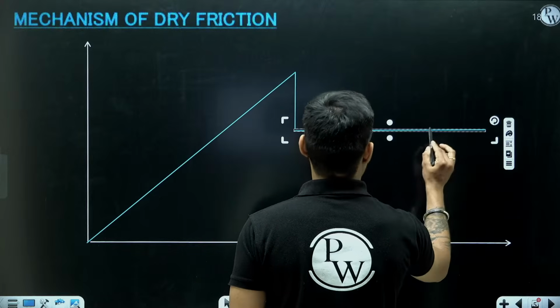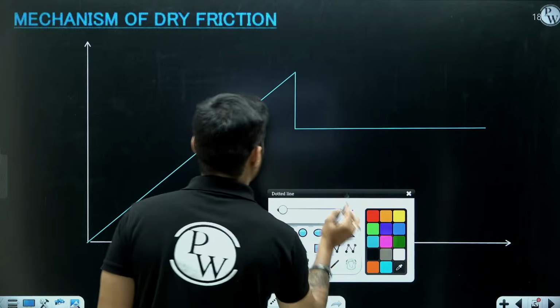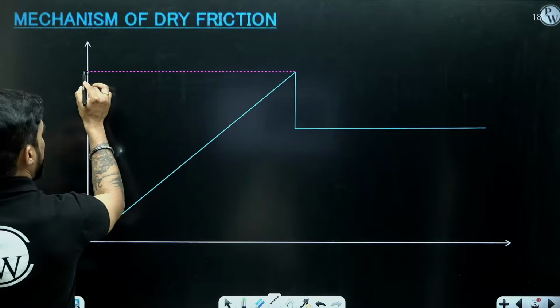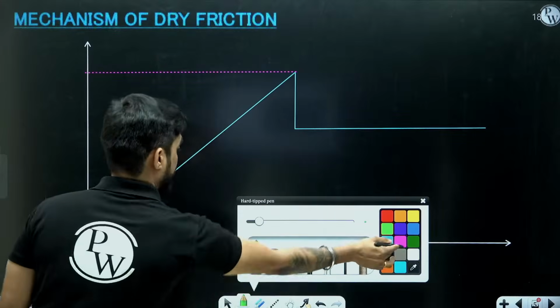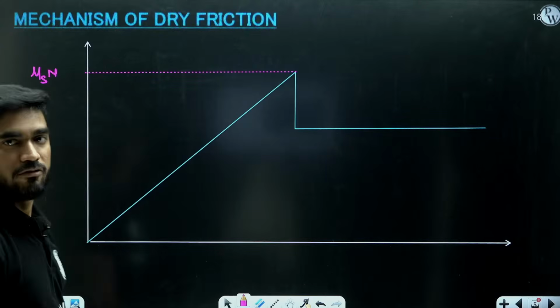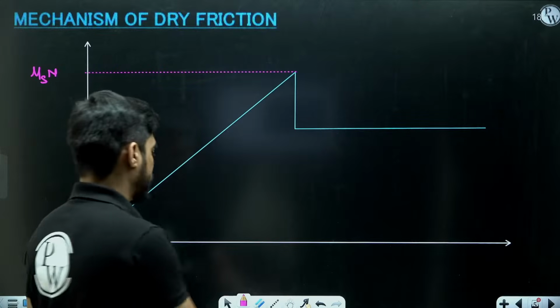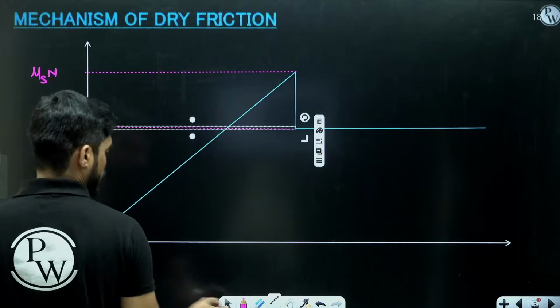Now what is the maximum value of friction? The maximum value of friction is mu s into N, called limiting friction. And what is the kinetic friction, which is constant?